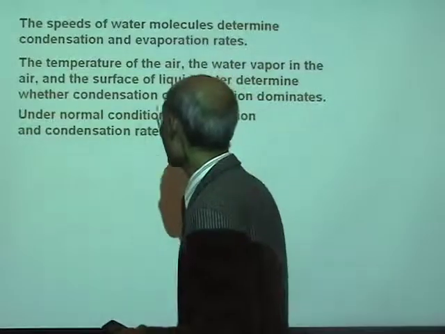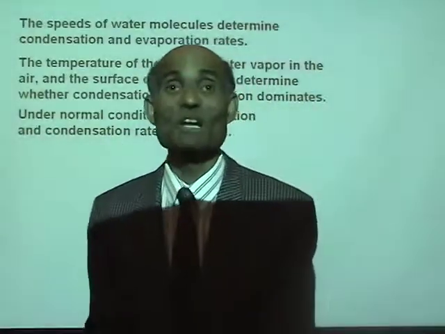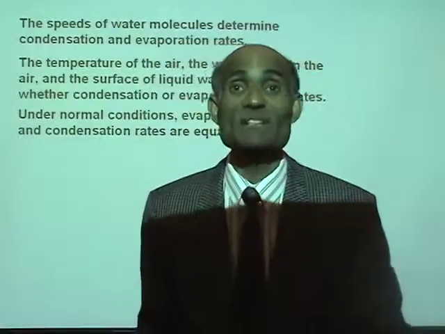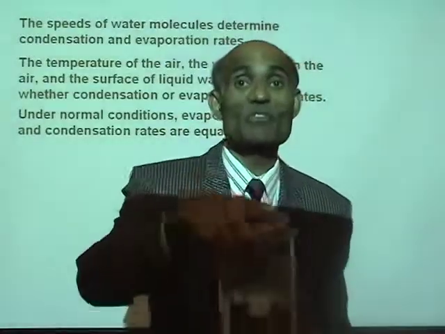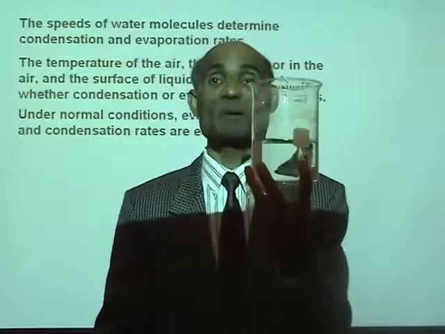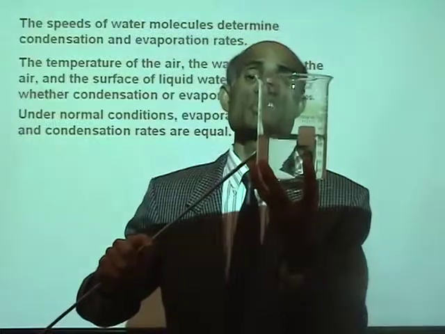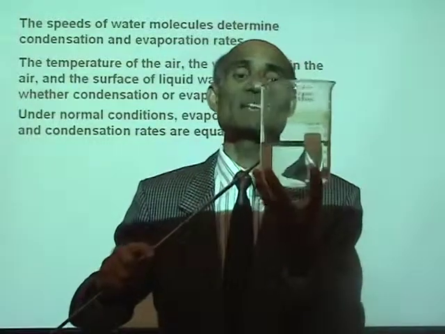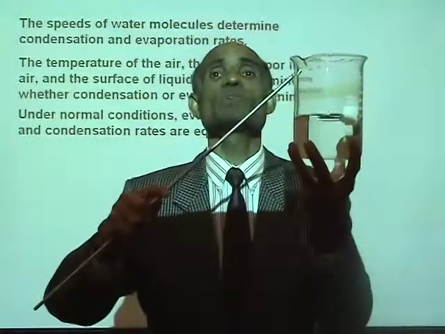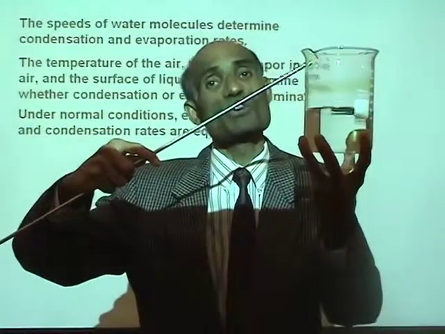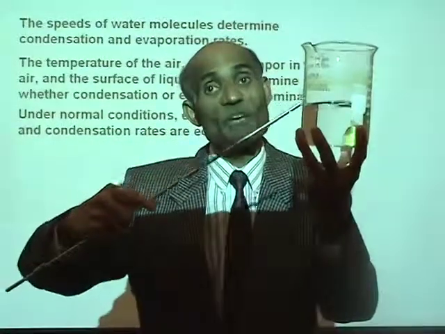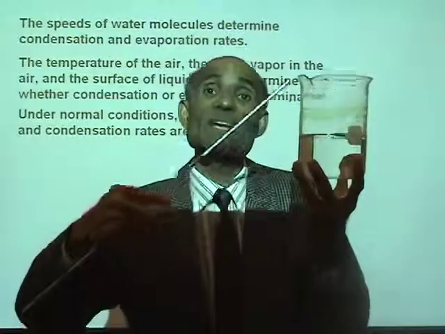Well, under normal conditions, evaporation and condensation rates are equal. In other words, going back to my examples, under normal conditions, the number of molecules leaving the liquid to become vapor and the number of molecules returning from vapor to liquid will be equal.